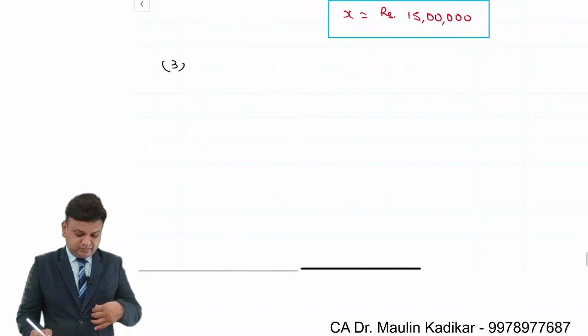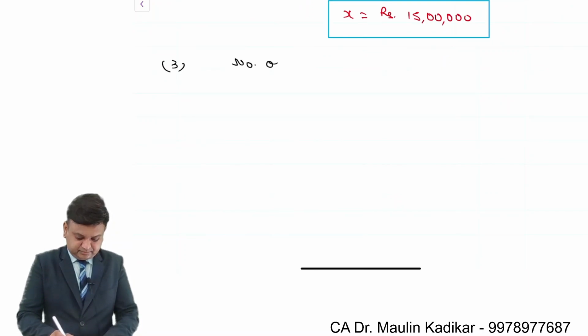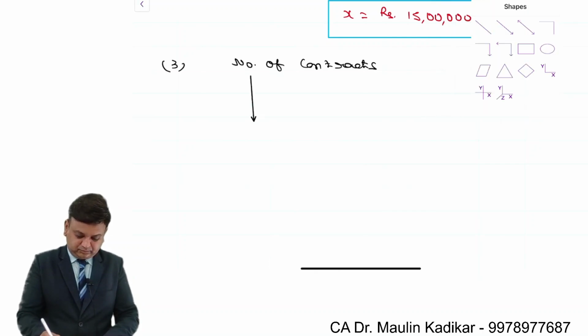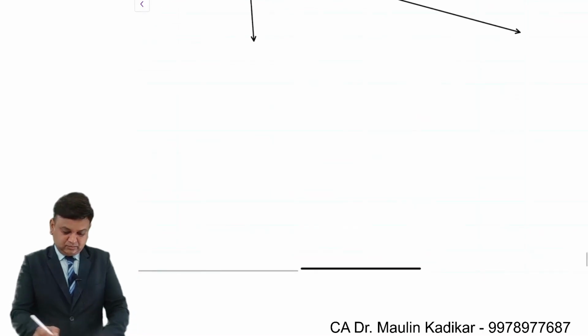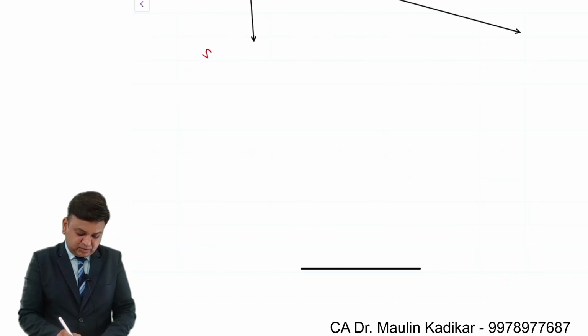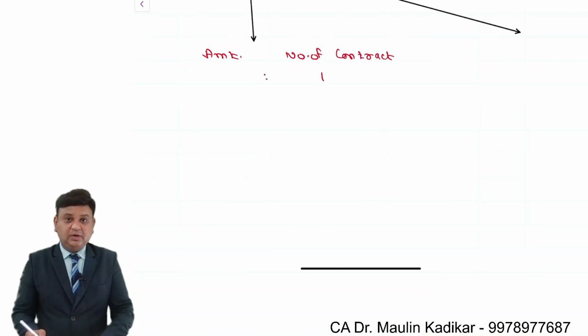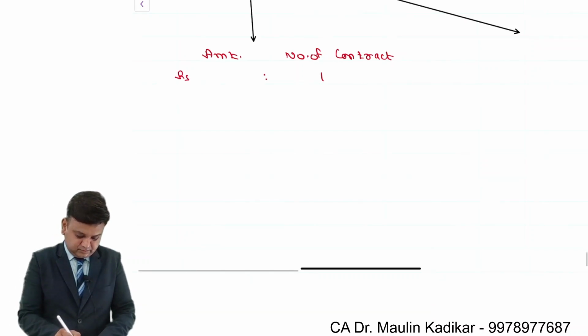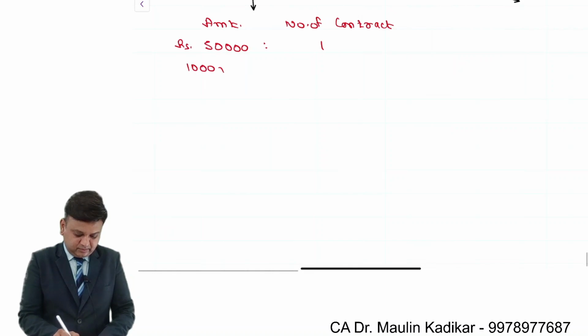Answer of the third question, number of contracts. The number of contracts to be entered upon will be found like this. One contract is equal to an amount of rupees 50,000, that is 1000 into 50.